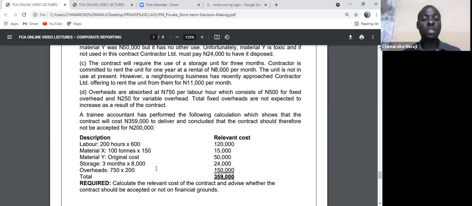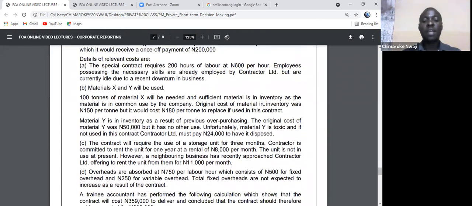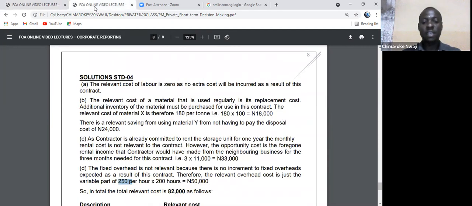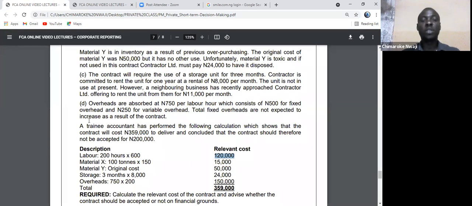And I look at what the trainee did. The trainee said labor will be 200 hours multiplied by the 600 naira per labor hour, and got 120,000 naira here. But what we did, we said it is zero. Remember how we said it is zero? Because there's idle time, we've already spent the money on them.